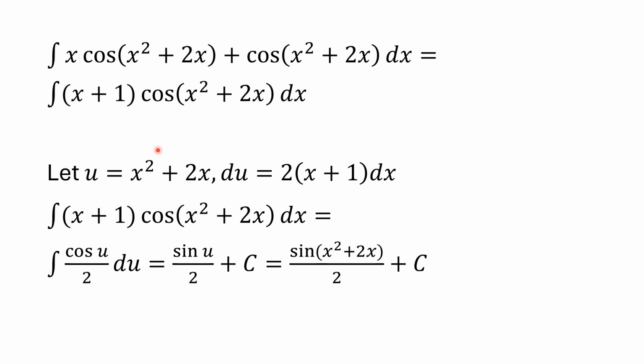Now what happens is I factor this: cosine of (x squared plus 2x) times (x plus 1). And so I have the cosine of u here, and the x plus 1 goes here with the du. I need a 2, so I'm going to divide by 2, because I'm doing the 2 over 2.